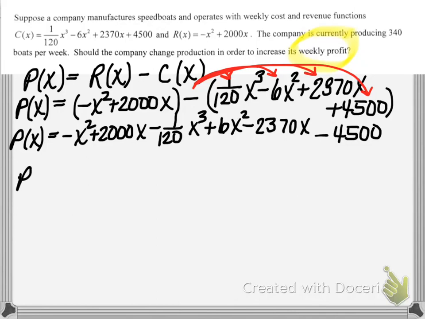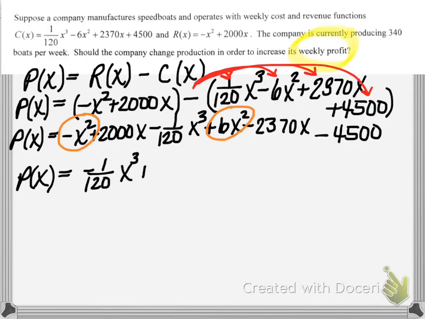So now we just need to clean this up a bit. In other words, we need to combine like terms. So you can see that we have a negative x squared and a positive 6x squared. So we'll combine like terms. The only x cubed term we have is the negative 1 divided by 120 x cubed.